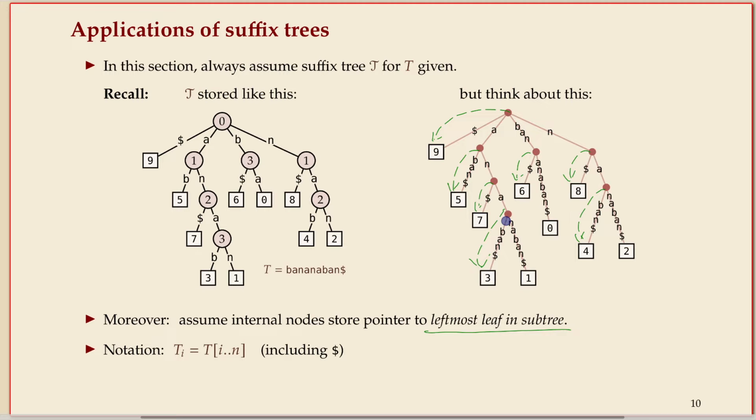You keep in mind in the recursion what is the leftmost leaf, and then you insert this once you go back up the tree. And when you go from two internal nodes back to the parents, you can inherit the leftmost by taking it from the child.